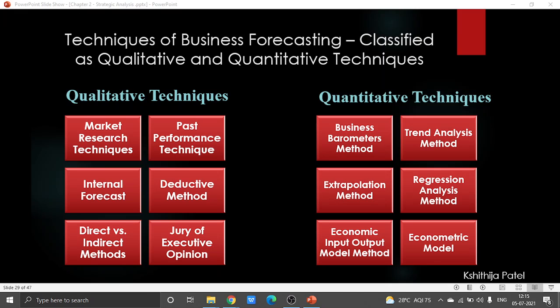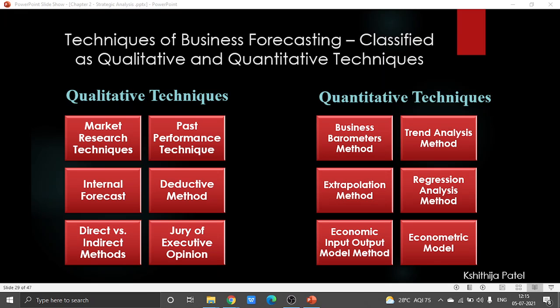And the third that we have is the extrapolation method. Now, this extrapolation method is based on the trend analysis or time series that we have.